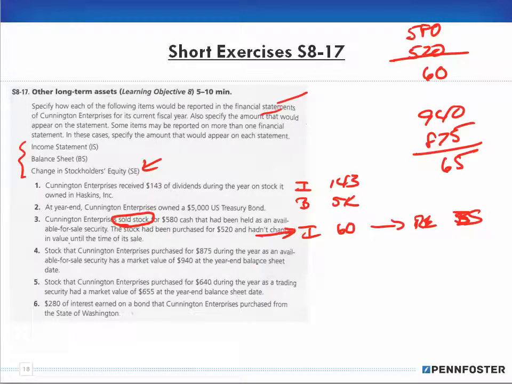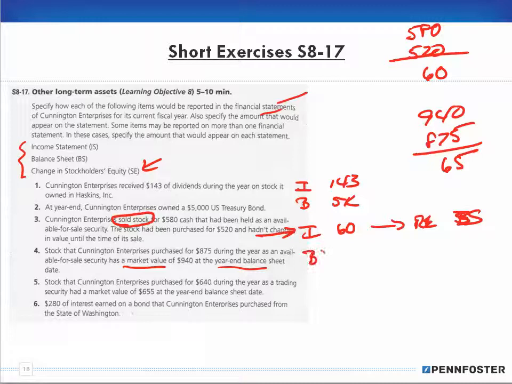But here, they're purchasing the stock during the year as an available for sale security and it has a market value at the year-end balance sheet, meaning they still own it. Okay, and what you have to do is reflect the current condition of all of your investments.